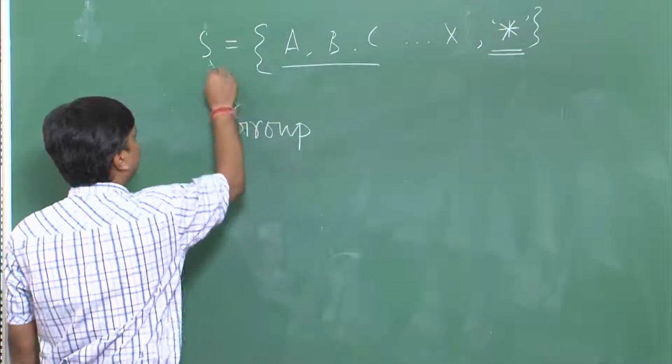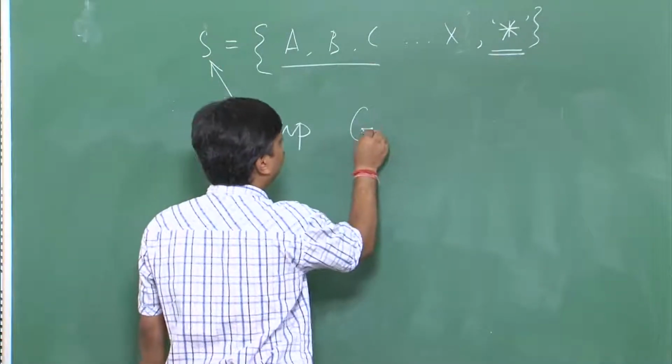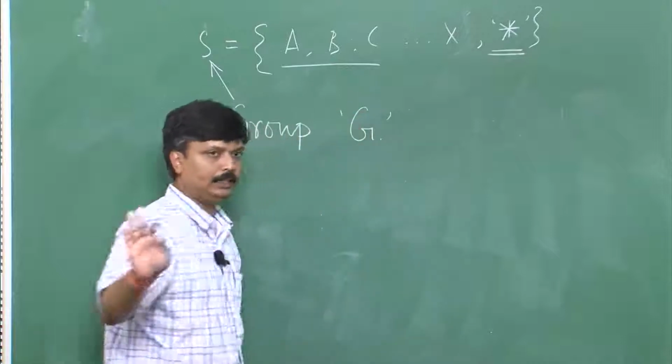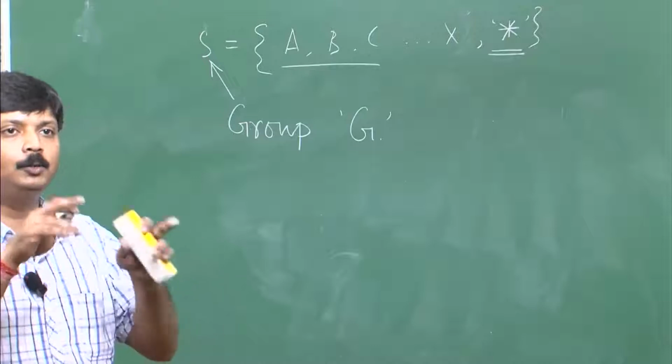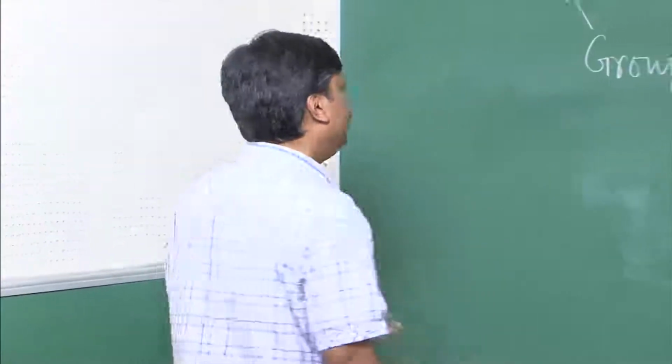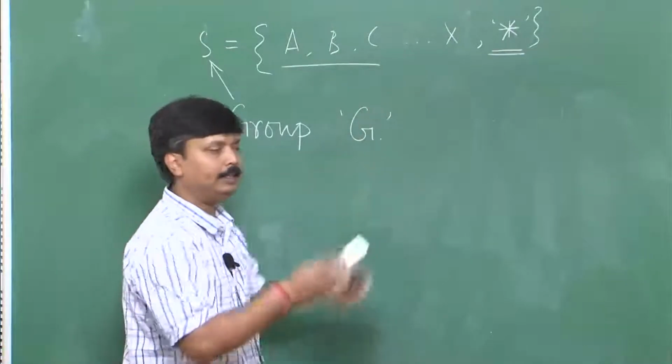So this S will be called a group, and most of the time we give a symbol G, not necessary, but you will find that mostly we use G because group starts with G, people use G to define a group. So G, and then you write like a set.